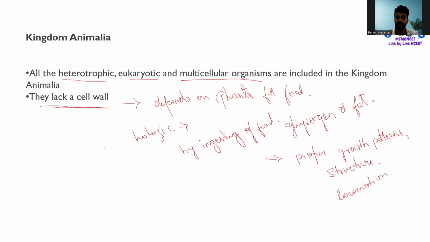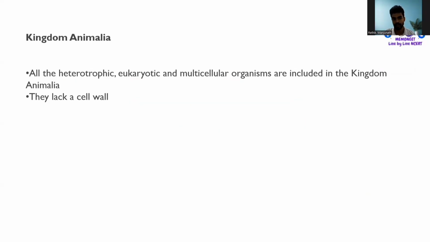They also have proper sensory organs as well as a neuromotor mechanism. The kingdom Animalia normally reproduces sexually, where both male and female copulate with each other and as a result produce offspring. There will be embryonic development, as a proper stage of development goes on.